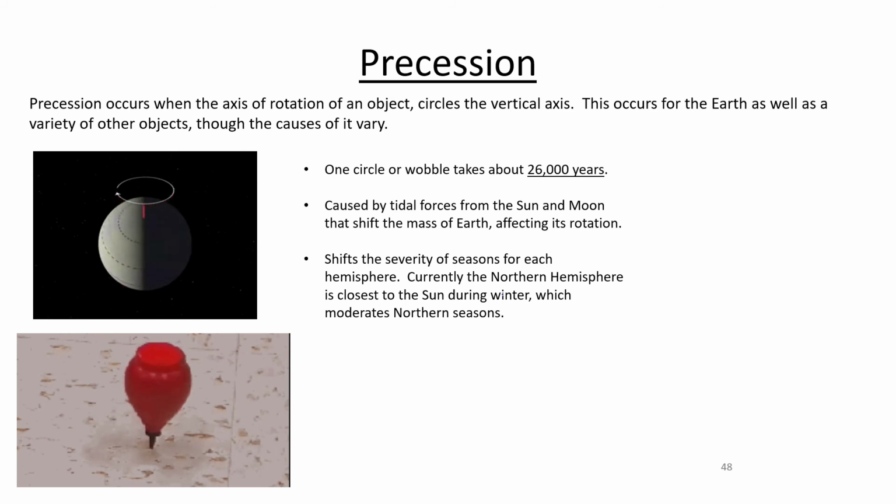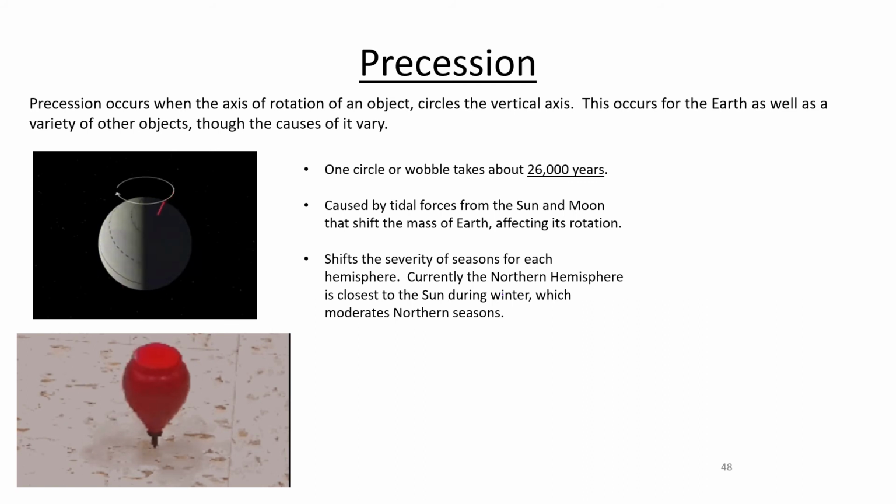But right now, because the northern hemisphere is closest to the sun during winter, our perihelion, where we pass closest to the sun, is like January 3rd or something like that on average. And so we get more incident solar energy when we're having our winter, and so our winters are more mild than the southern hemisphere's currently are.